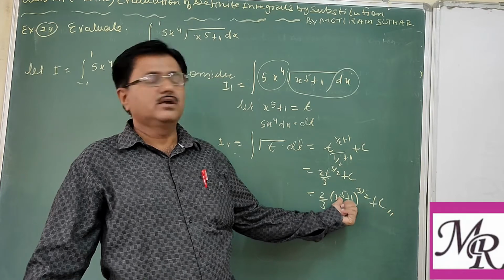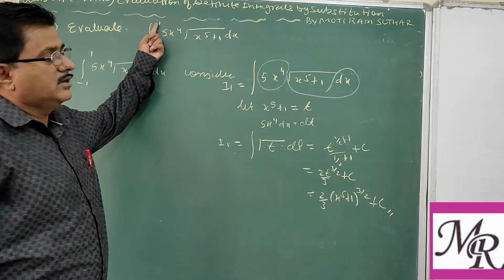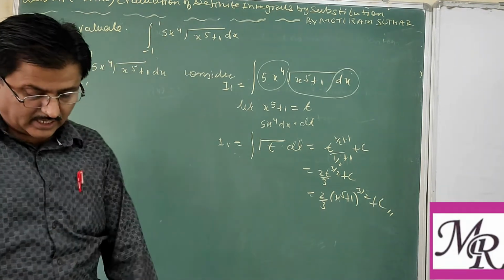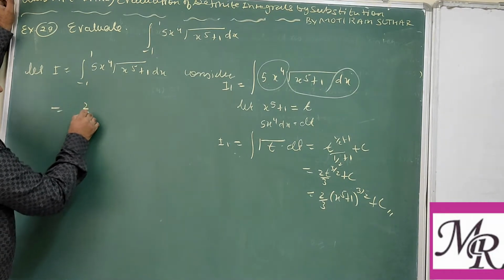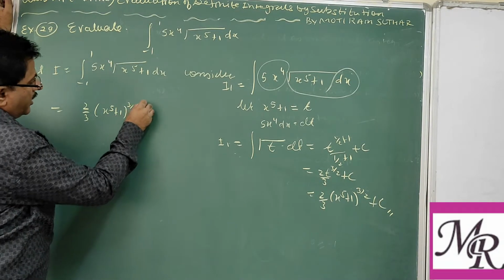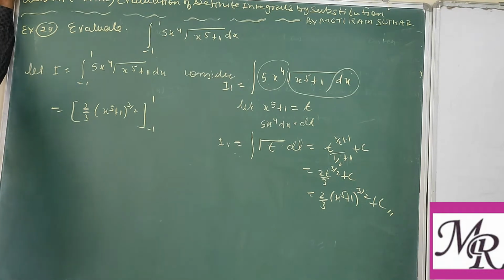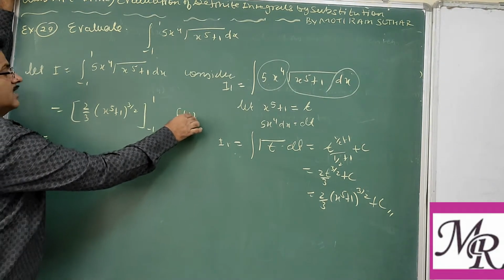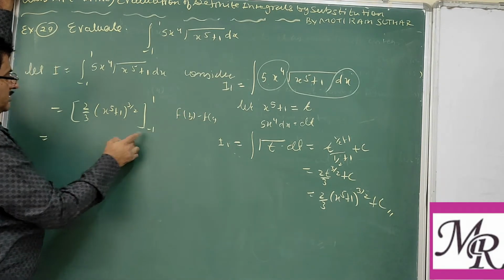That's it. Calculate this antiderivative at the upper limit minus at the lower limit. So we may write this as, this equals what? 2 by 3 x power 5 plus 1, power 3 by 2, with limits minus 1 to plus 1. So now we can use the formula f(b) minus f(a). That is f(1) minus f(minus 1).